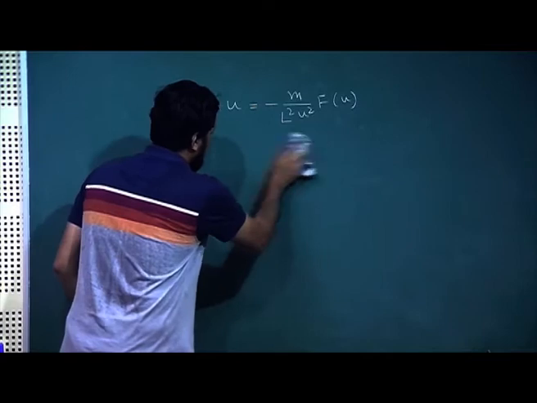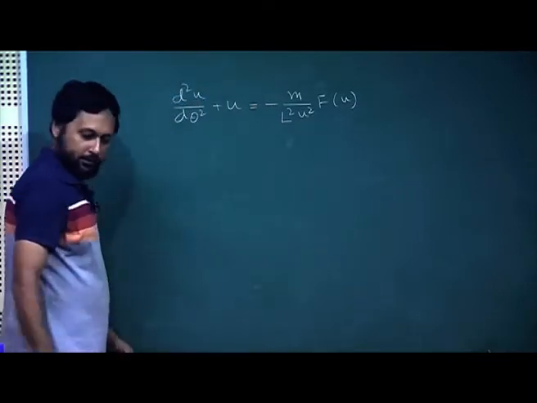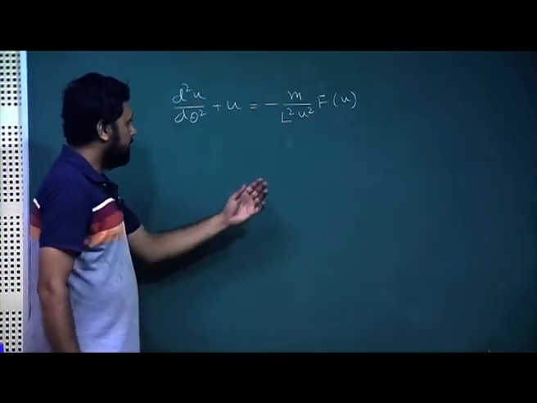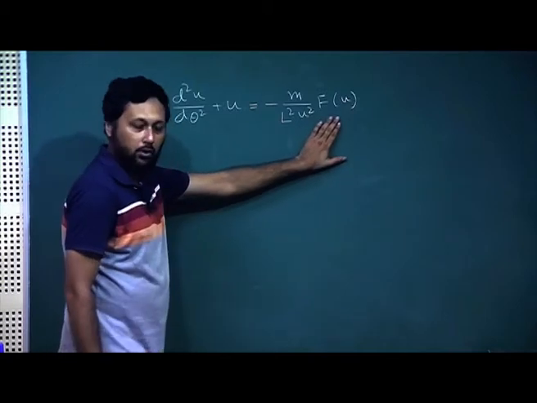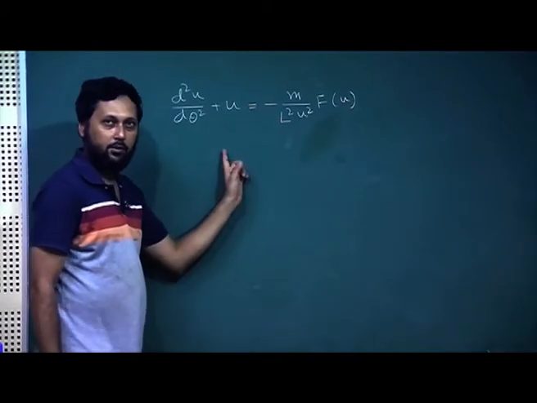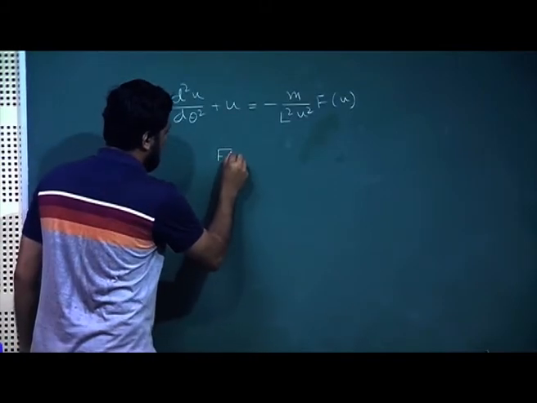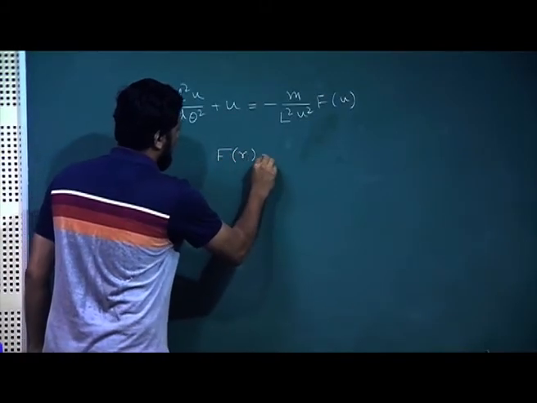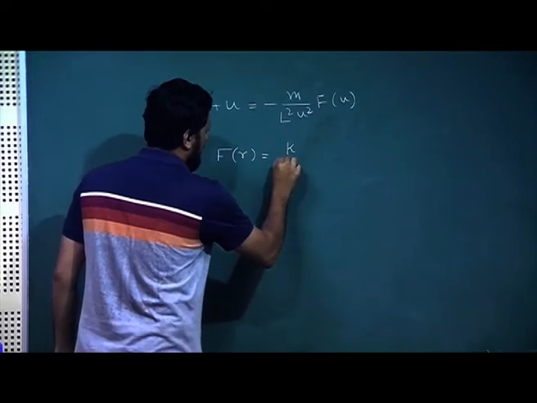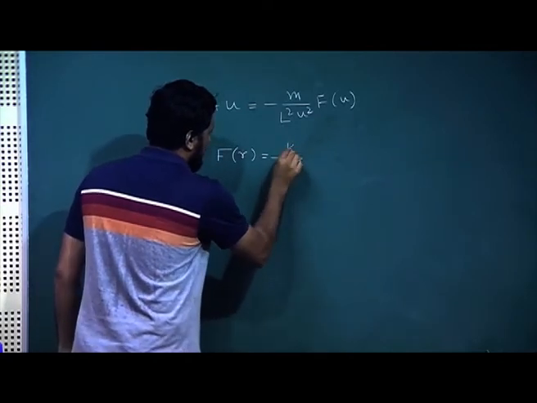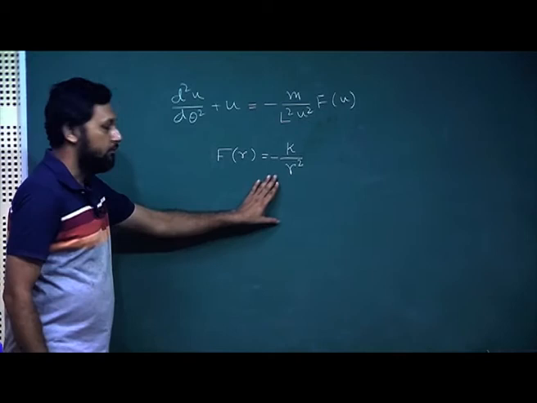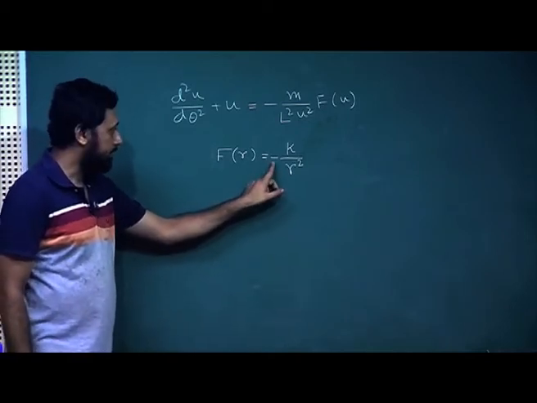Now, what we are going to do today is try a very specific type of force law and see how this equation behaves. The force we are going to try is the inverse square law of force. Negative sign means attraction.